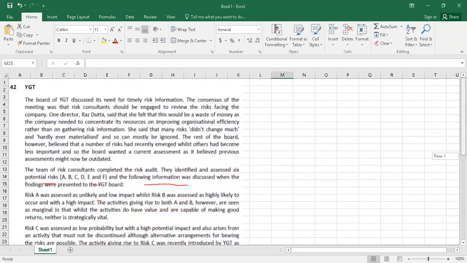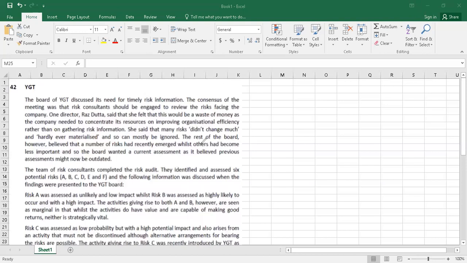What is her opinion? She opines that in the past, most of the risks that are mentioned never materialized. See, if they have not materialized in the past, can we assume that to happen in the future also?